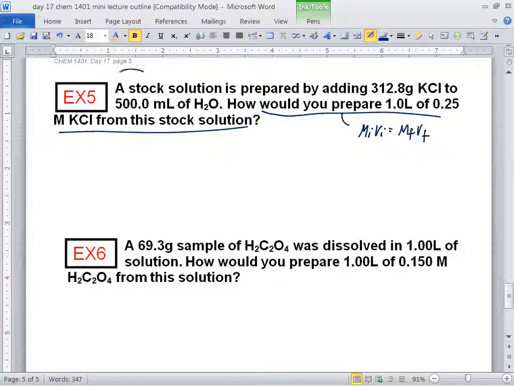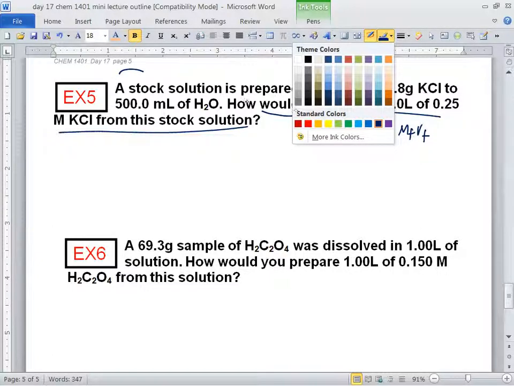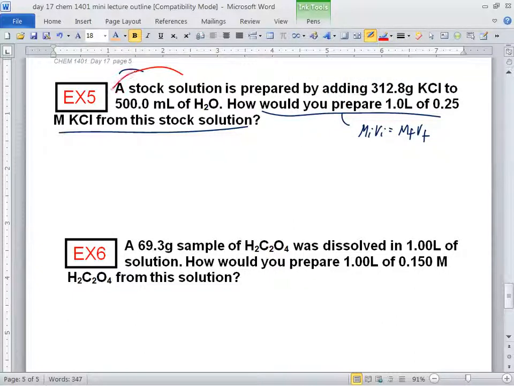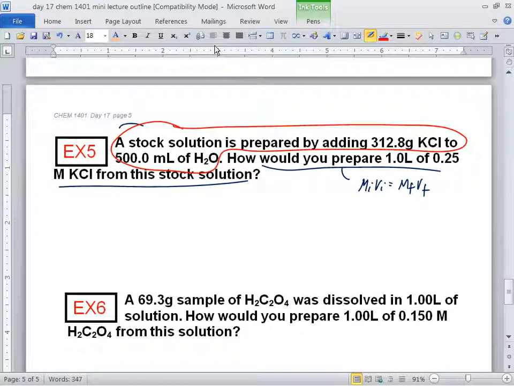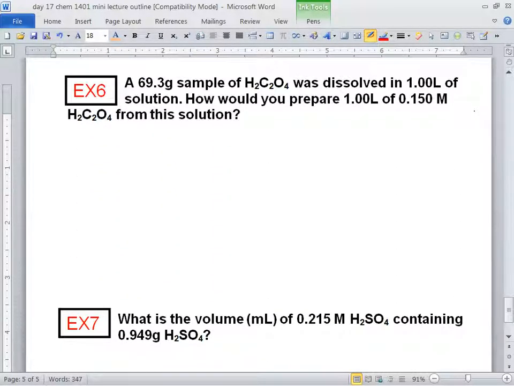In fact, we should probably just start doing this one. Big M, moles over liters, to get MI. Okay? Alrighty.